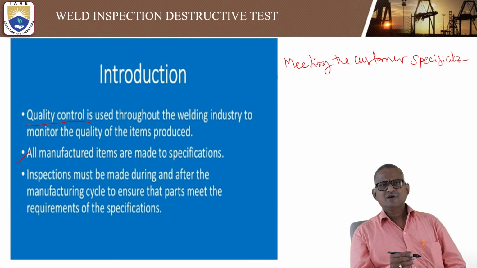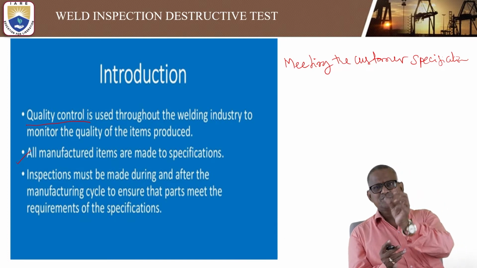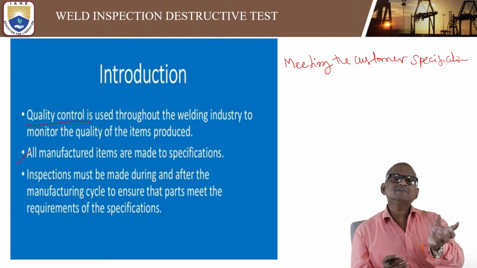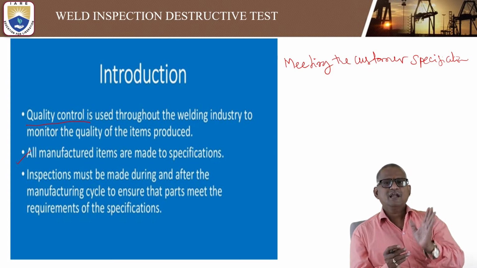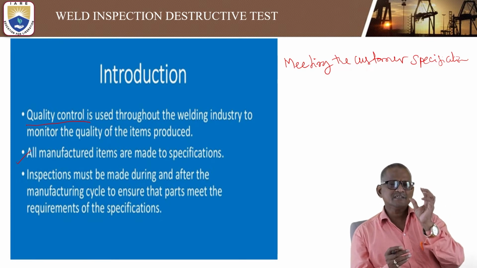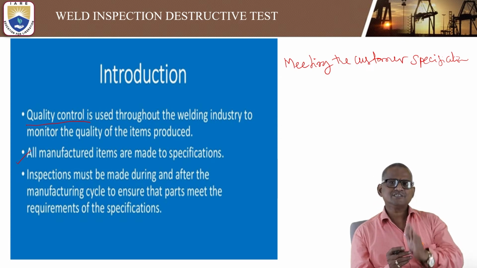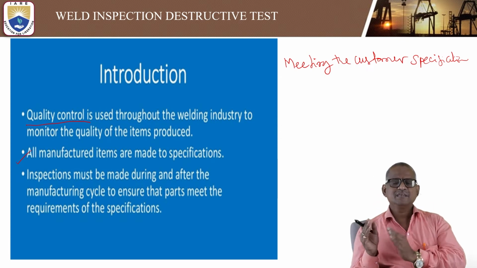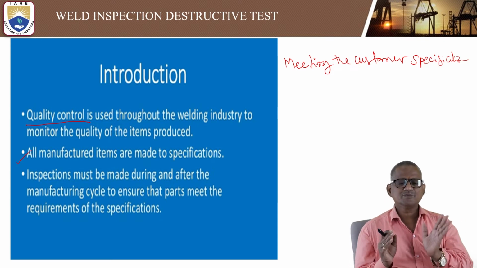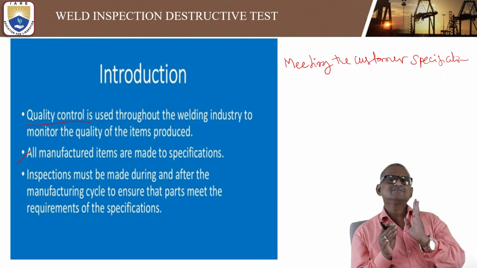Especially when you want to produce a component, whether it has been produced as per the customer's requirement or not, the customer also gives some specification limits and tolerances. Whether those tolerances have been achieved or not is checked in the quality control department, and the test we can perform in this case is the destructive test.